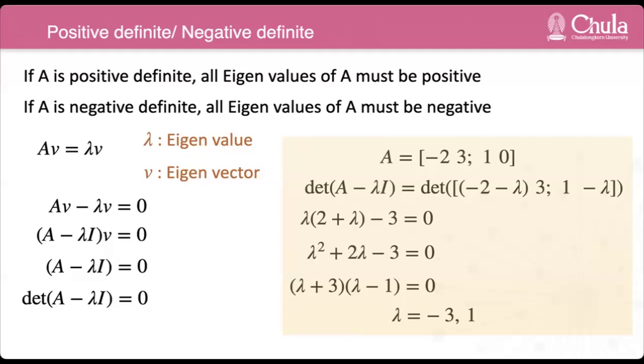If our A is 3 by 3, we have 3 eigenvalues, okay? And because we are not going to use the eigenvector, I'm not going to talk about eigenvector anymore. But in order to find the eigenvector, of course, you have to plug those lambda back to here and find V, okay?